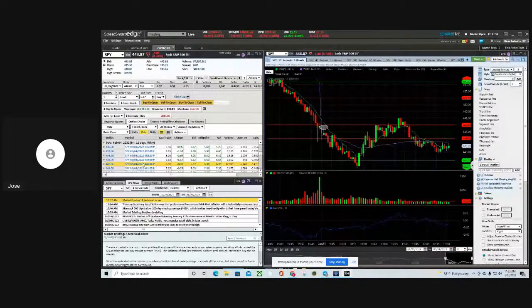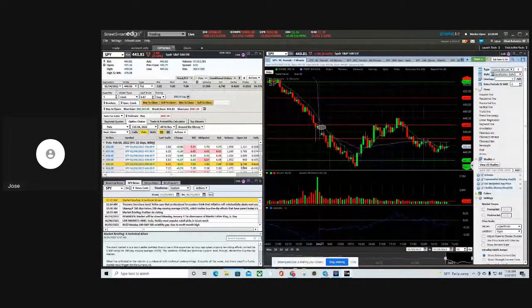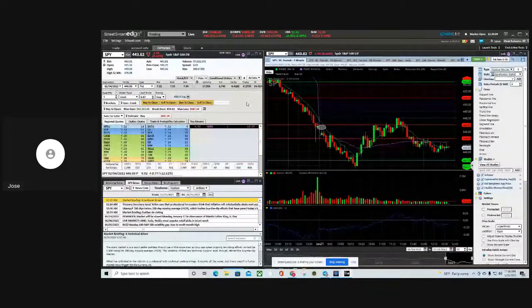Good delta, open interest, and volume. Now these contracts are going to be $7. $7 per contract.